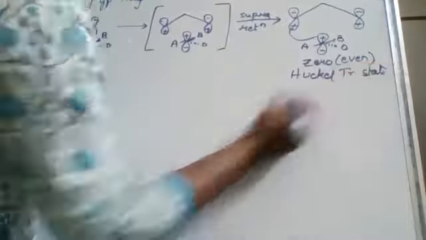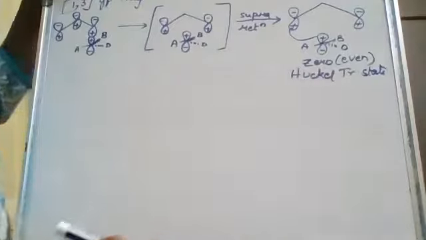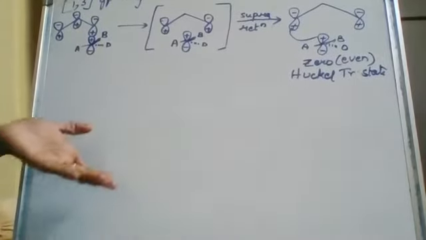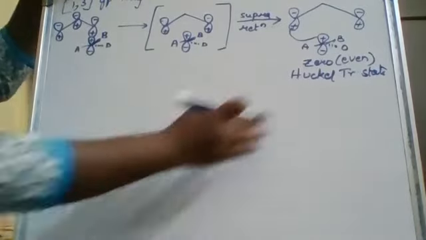Okay. Since it is a 4n pi system, why is it a 4n pi system? 1 3 when I add, I get the even number 4. 4 is a factor of 4, so it is said to be divisible by 4 without any remainder. So it belongs to a 4n pi system. Okay, it's a 4n pi system.